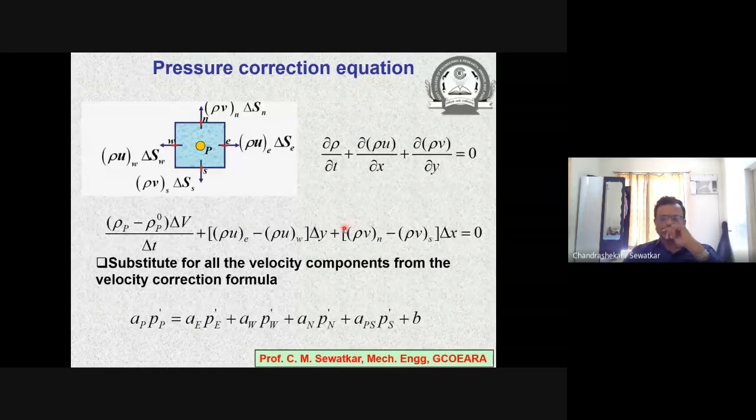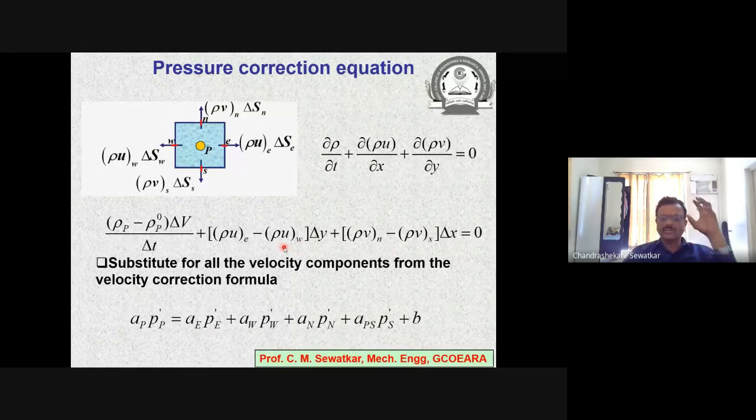Now, I can collect all the terms with PP prime together, put them inside the bracket, take PP prime outside. What is left inside the bracket can be termed as AP. The same thing I can do for PE prime, because this will have PE prime also now.